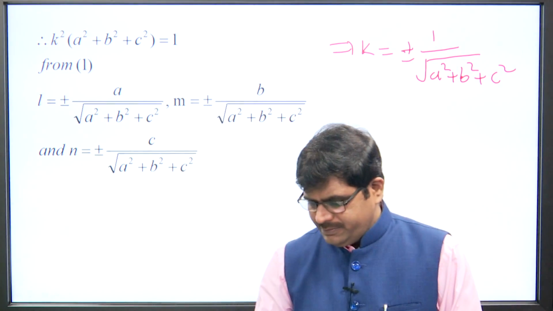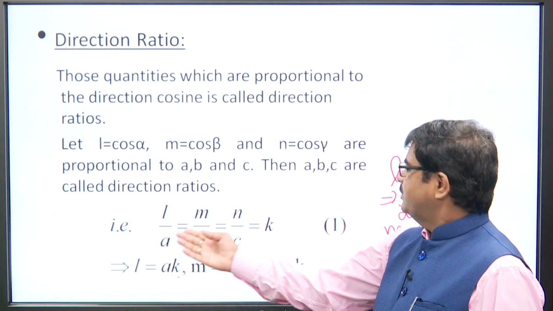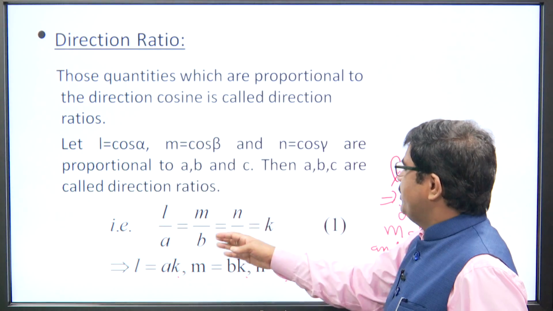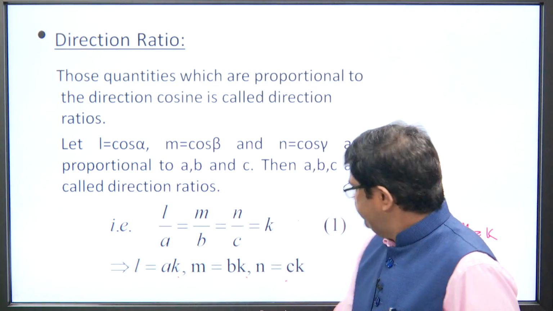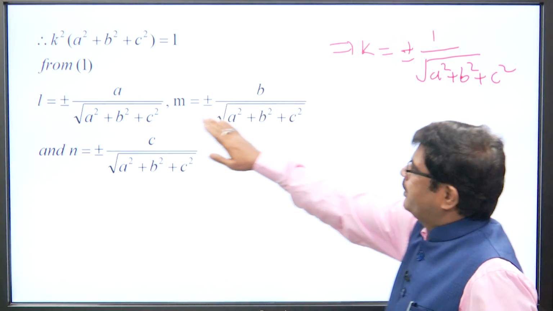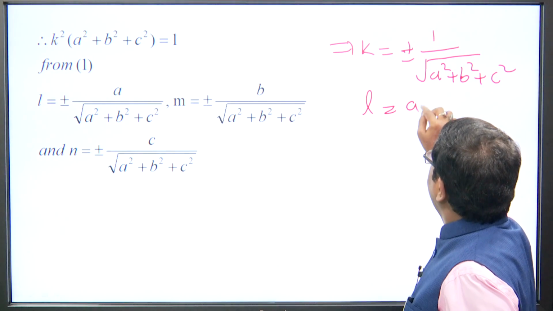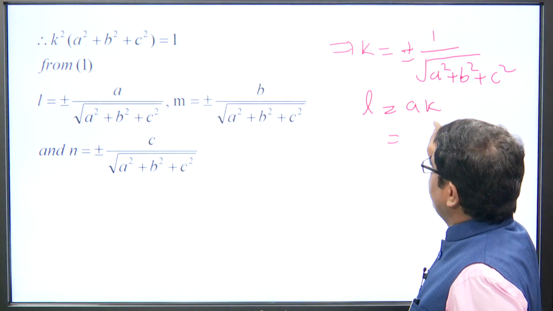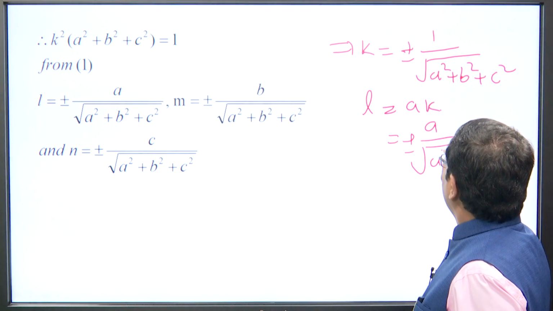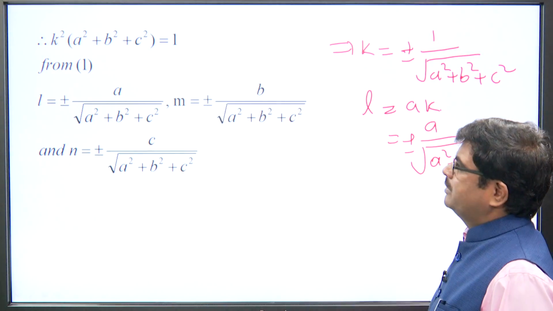After simplification, we have l equals ak, putting the value of k, therefore l equals plus minus a upon under root a square plus b square plus c square.